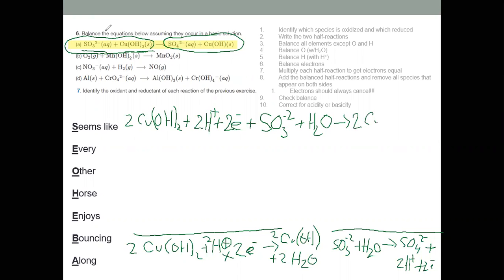2 copper hydroxide plus 2 H2O plus sulfate, SO4 2 minus plus 2 protons plus 2 electrons.